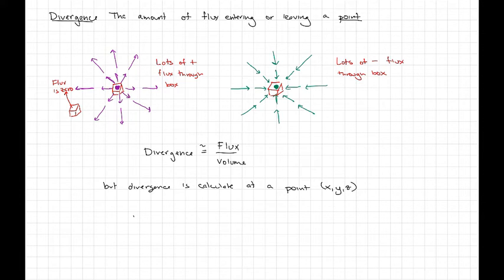So really what I want for the divergence is to take a limit where the volume is going to zero of this definition. I'm going to take the flux over volume, but shrink the volumes down to an infinitesimally small amount in order to calculate something that describes the flux at a single point. So that's what we want to think about when we're thinking about divergence.